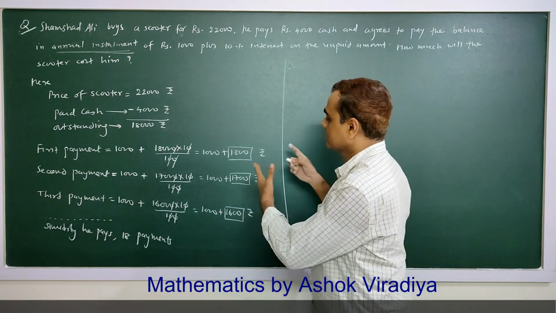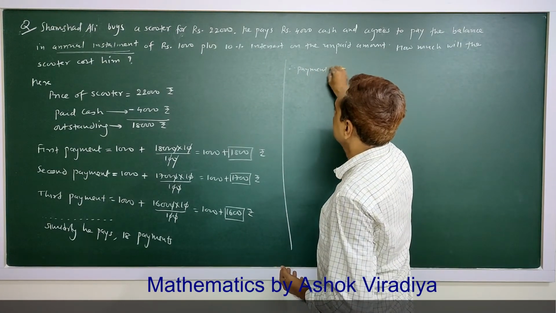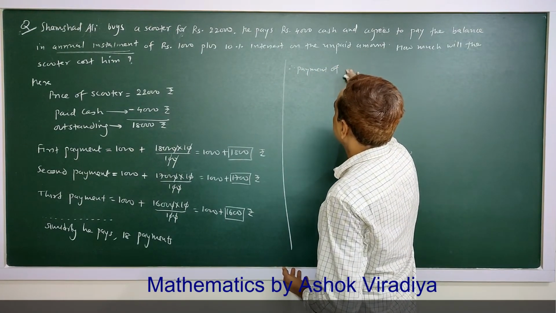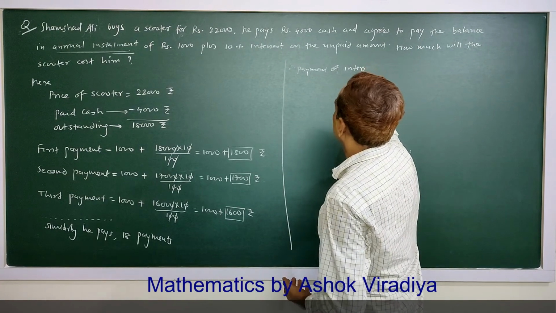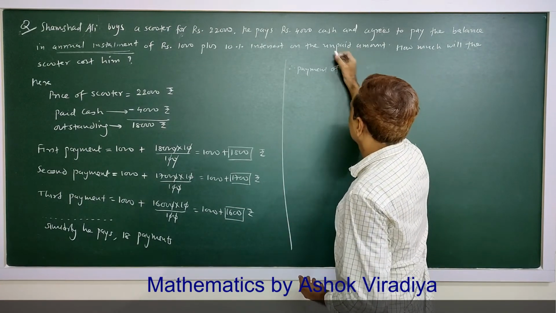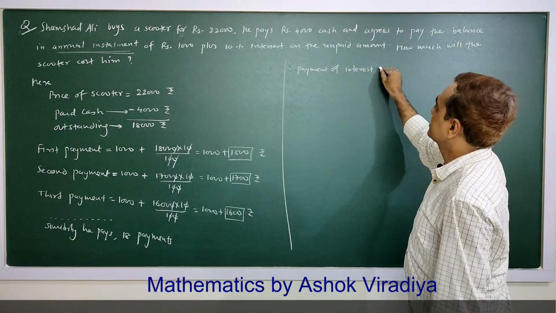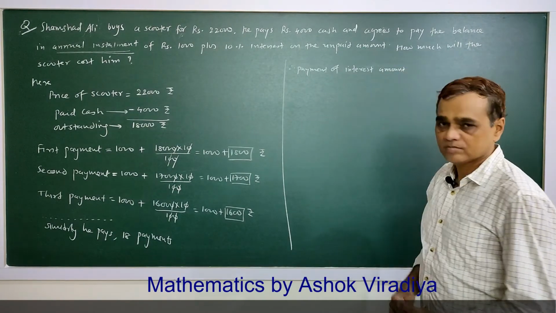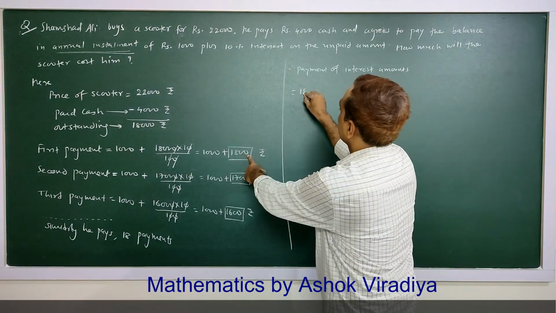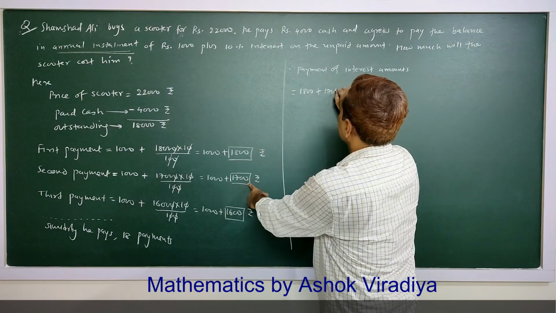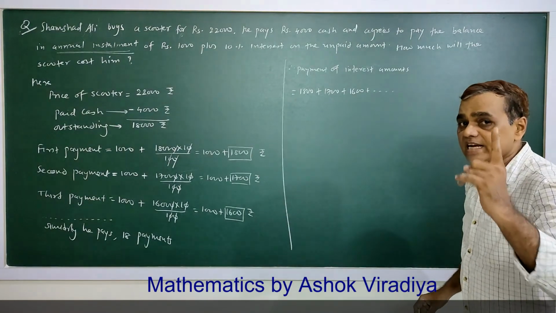Let me calculate payment of interest only. So therefore payment of 18 interest amounts is equal to, say, 1800 plus 1700 plus 1600 up to how many terms? 18 terms.